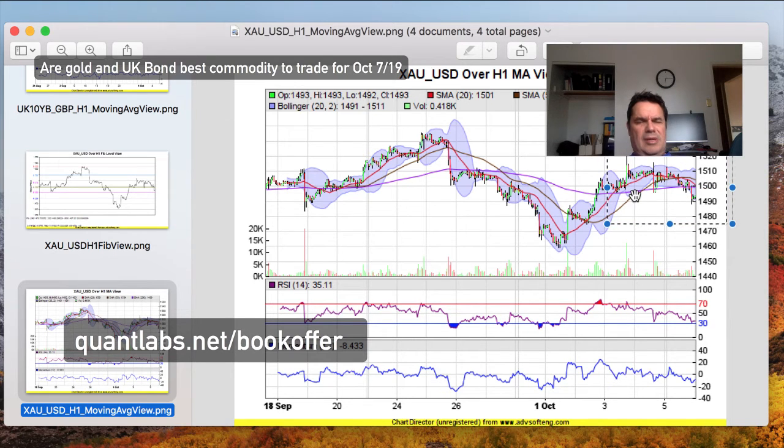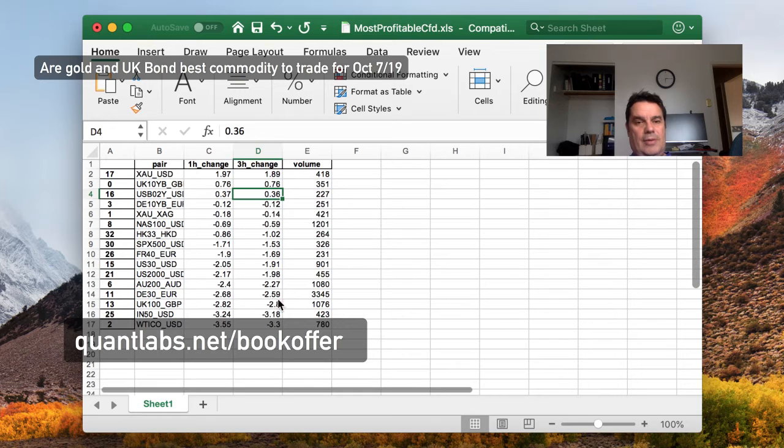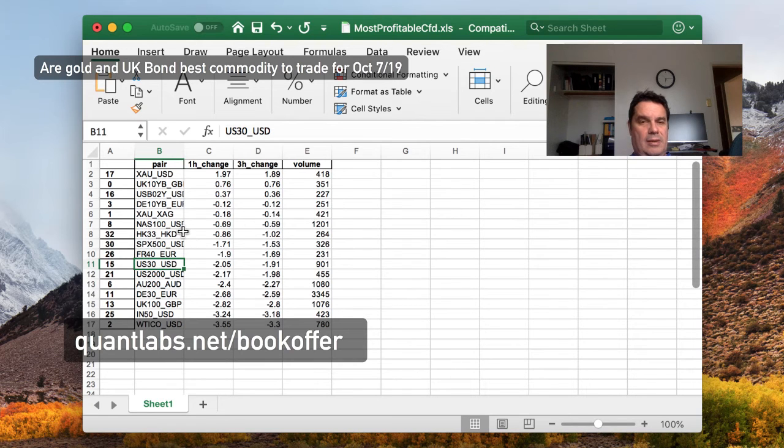I think this could be a long opportunity if the markets continue to trend down, as you can see here on the US indices, where you have the US Russell 2000 down, the US top 30 down, and so on.